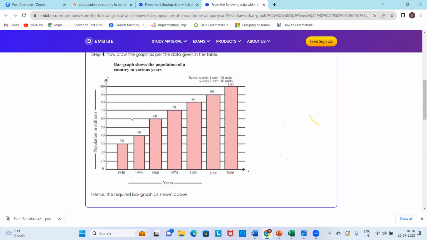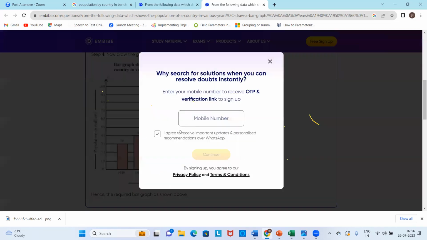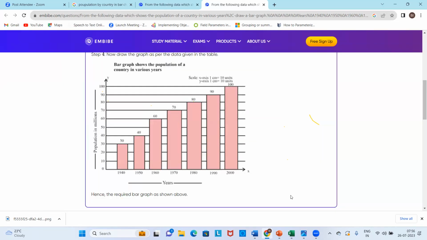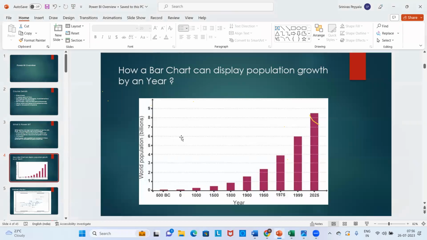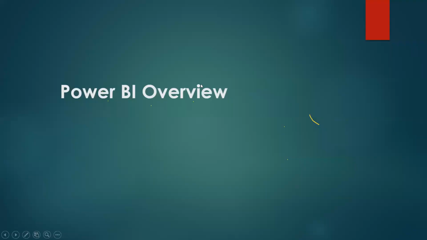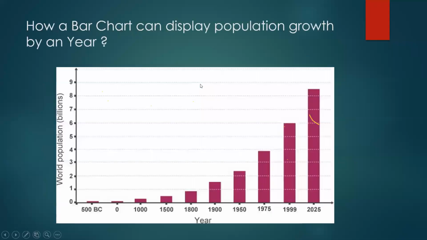If I want to display this kind of visualization, what are the basic terms I need to know? What is the technology that supports it? Where can I build these visualizations? In order to build this simple bar graph, what is the choice that I can make? There are different technologies that you can see in the market.